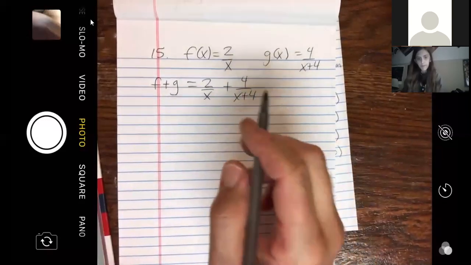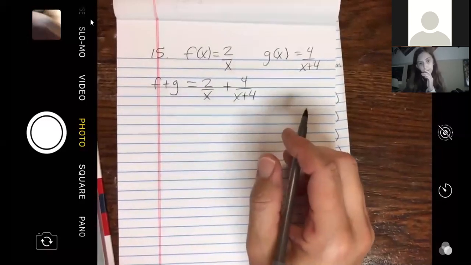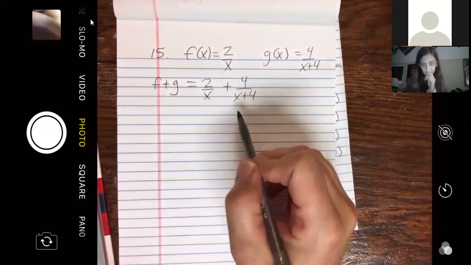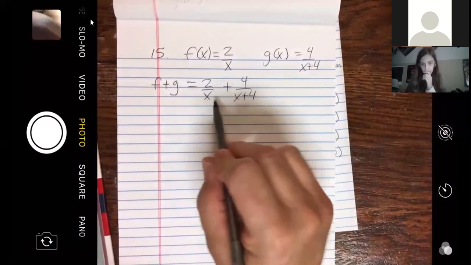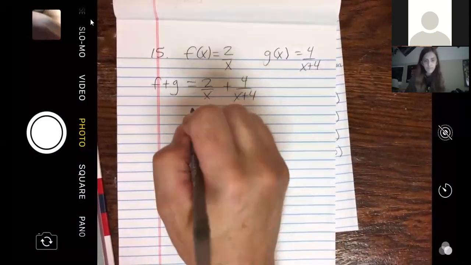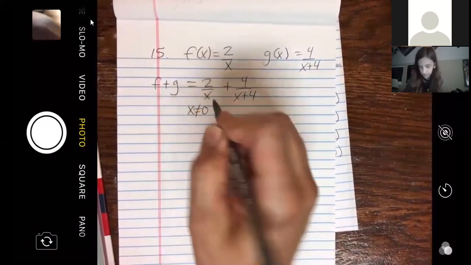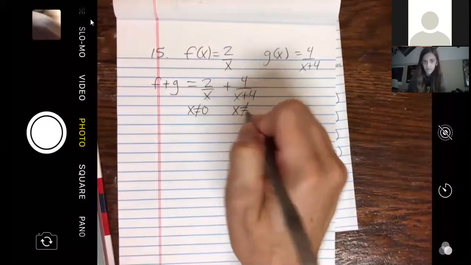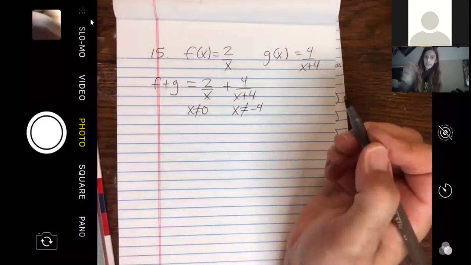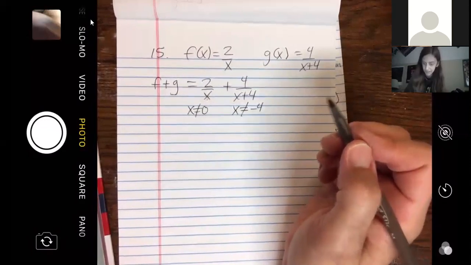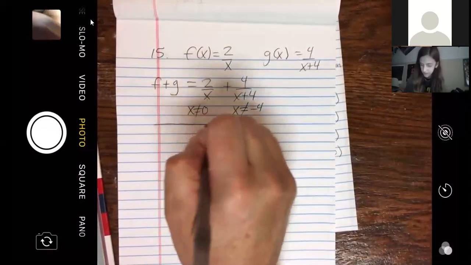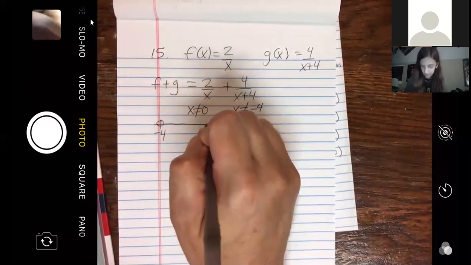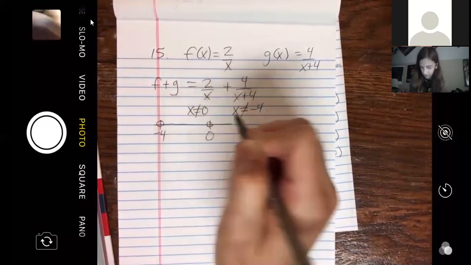Now, here's where things turn into projects: puzzling out your domains. You just basically have 2 fraction problems. Your x can't be 0. And can you tell it can't be negative 4? Yes, because then it would make 0 in the denominator. So graphing that out, you're going to have negative 4 first, open circle, 0 second, open circle.